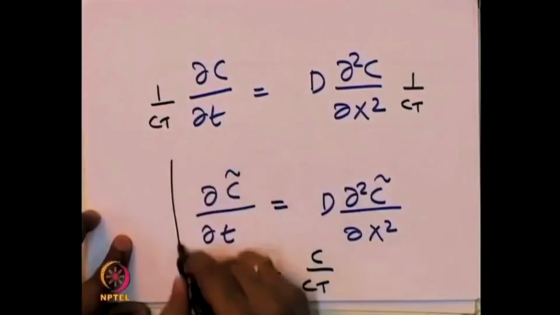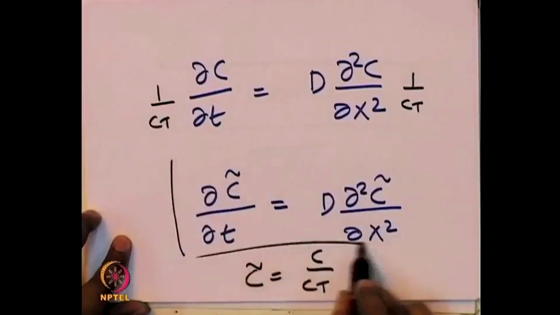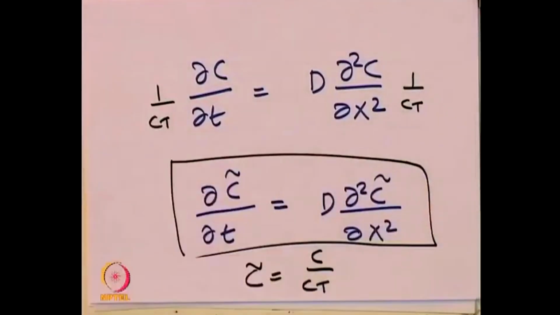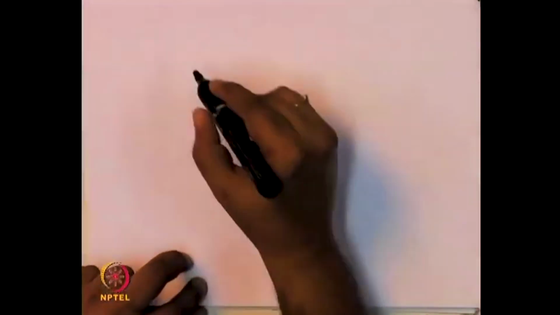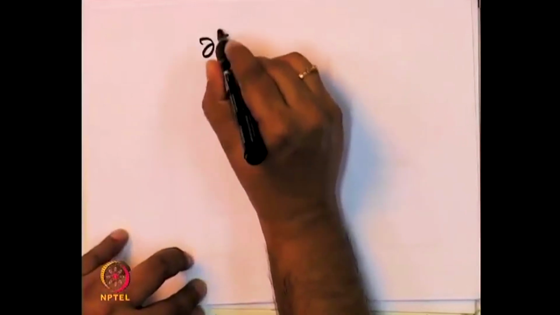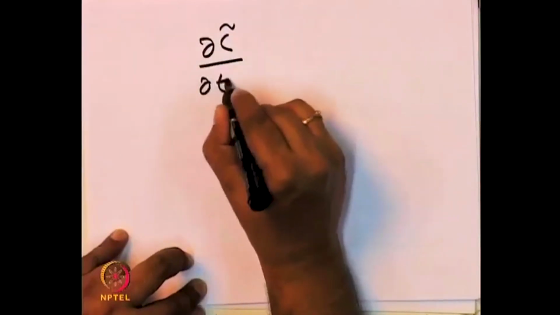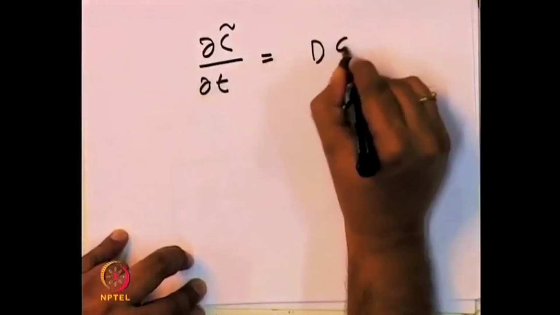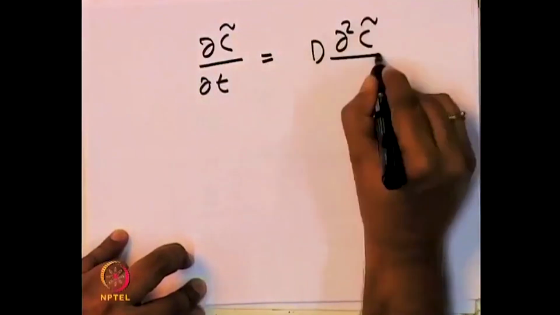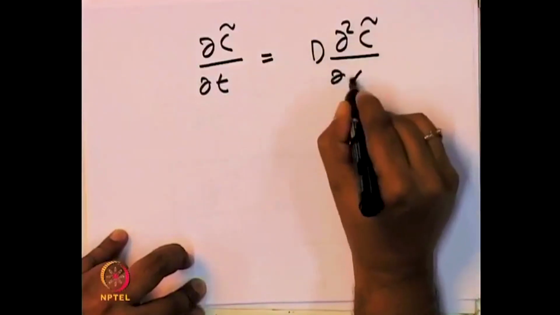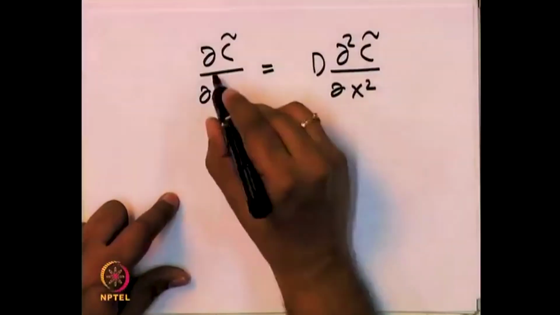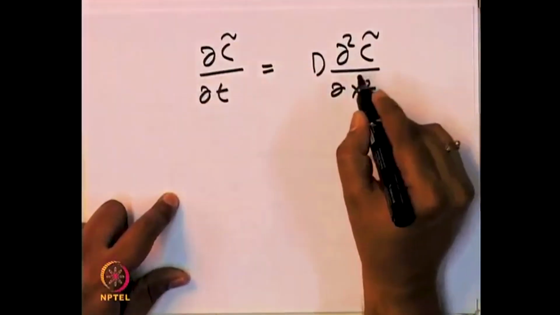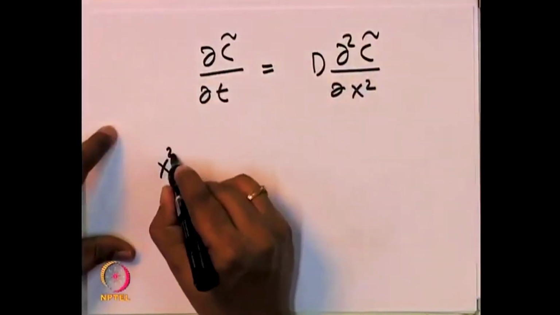Okay, so now we have this equation: del C tilde by del t is equal to D del square C tilde by del x square. I can multiply both sides. So, first let us calculate x square average.